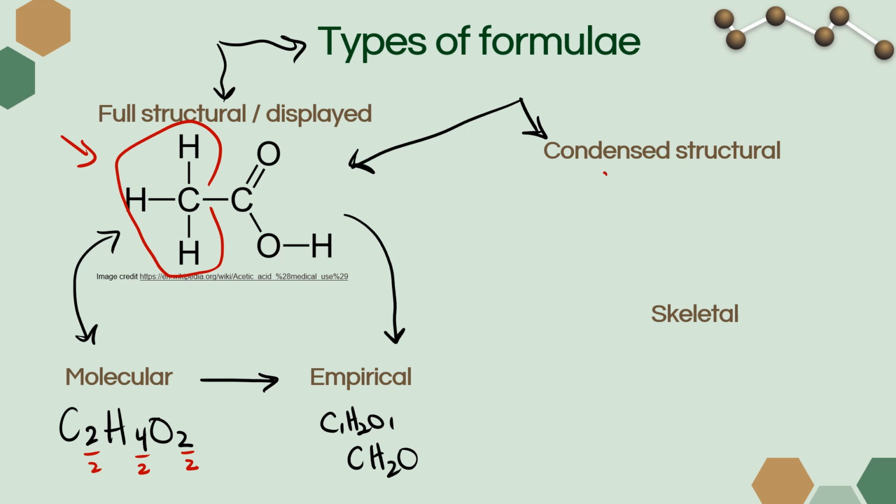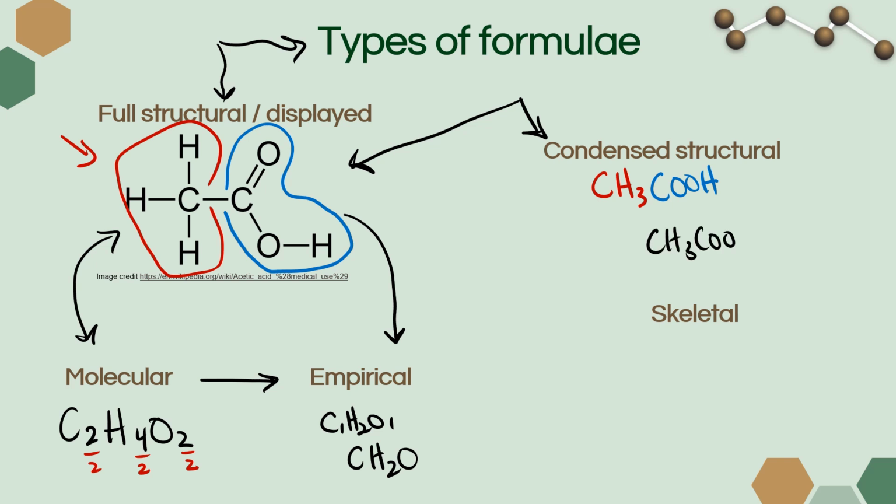And so I'm going to start my condensed structural formula with C and 3 H's. And then the next part I see is C with 2 O's and an H. So this is my condensed structural formula, which again, I like a little bit better than molecular because I can envision how the atoms are arranged a little bit better than just from the molecular formula.